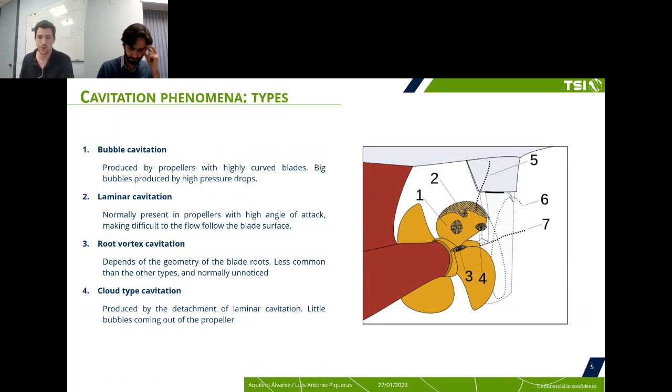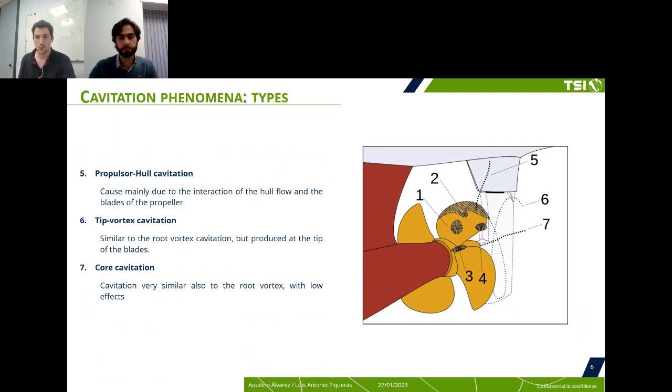The third one is root vortex cavitation, which depends on the geometry of the blade roots. It is less common than the other types and normally goes unnoticed. The fourth one is cloud-type cavitation, produced by the detachment of laminar cavitation. It consists of little bubbles coming out of the propeller with great amounts of noise and can also affect the rudder.